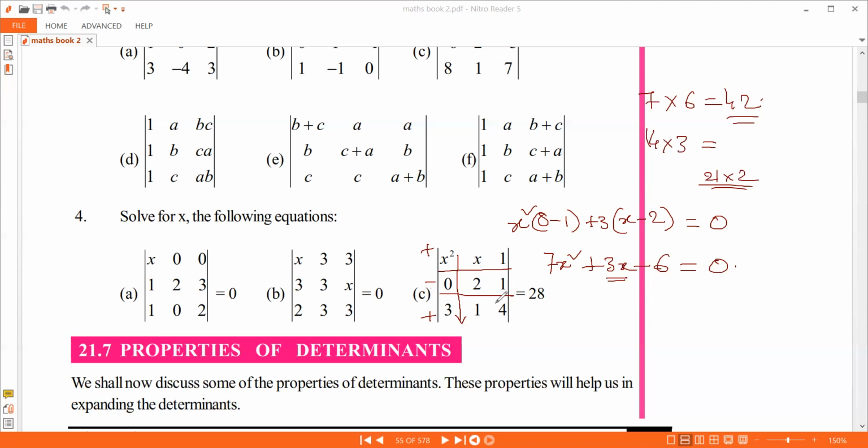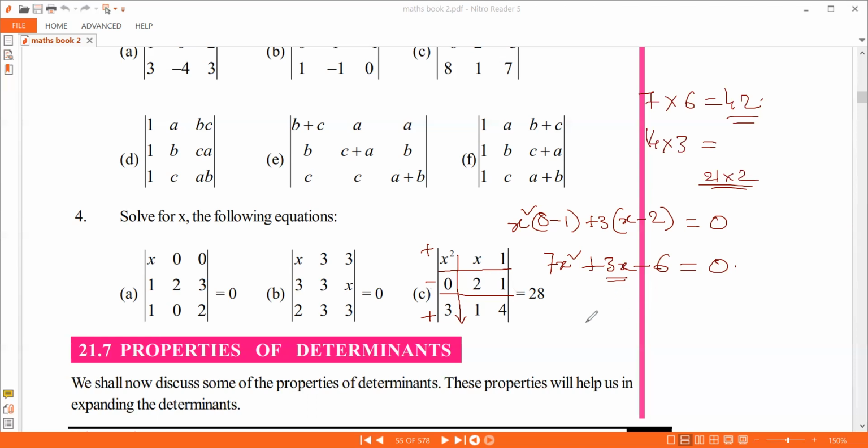So here, 1x into 2. So 8 minus 1, that is 7. Am I correct? Yeah. Plus 3 into x minus 2, 3 into x minus 2, x minus 6. Everything is correct.